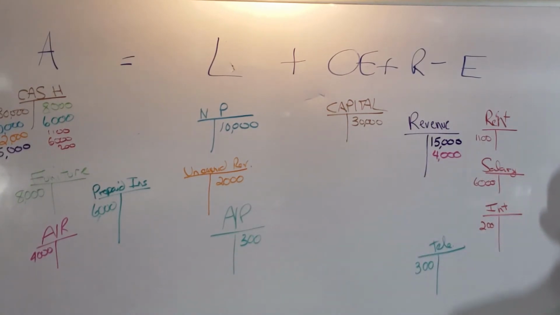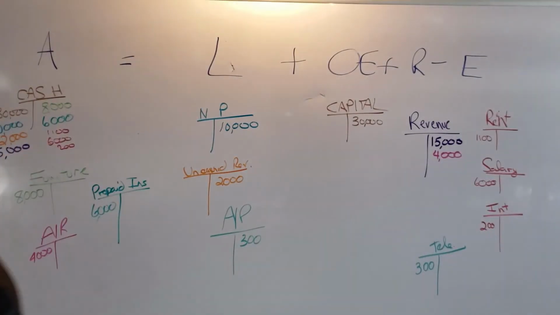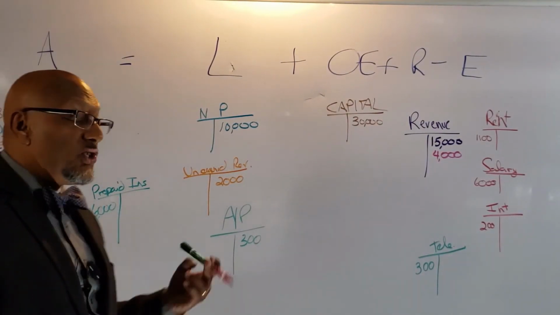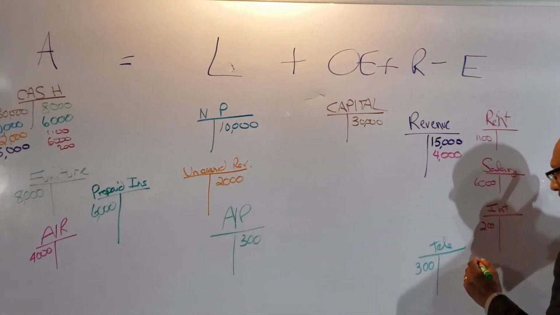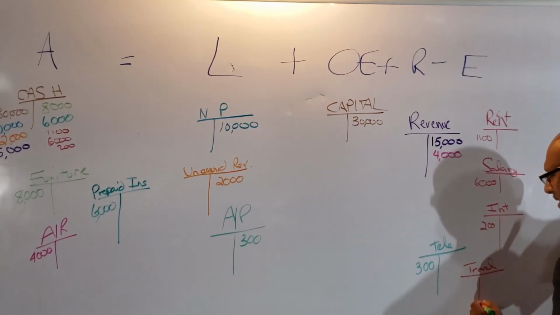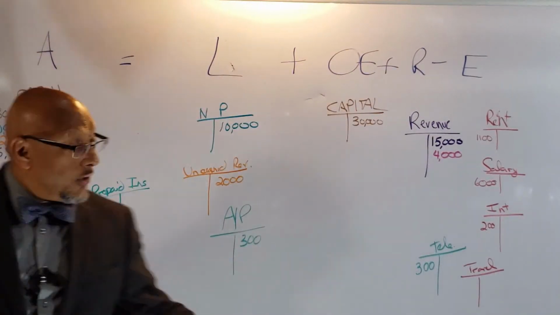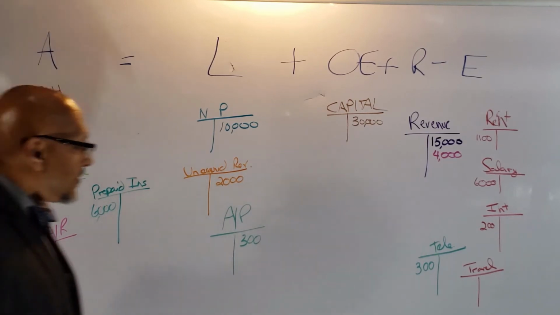The next one is we paid travel expense with a credit card, which will be paid next month. That's also, we're going to pay it, but we haven't paid it yet. So it is a payable. It is payable to the credit card company, but we haven't paid it. So we have another account here. We're going to call it travel as an expense, and we're going to add it over here to accounts payable in the amount of $2,000.